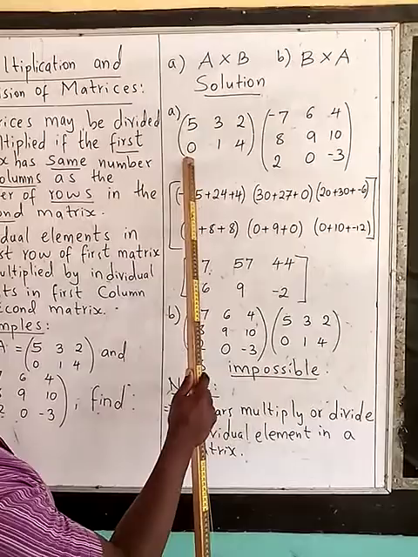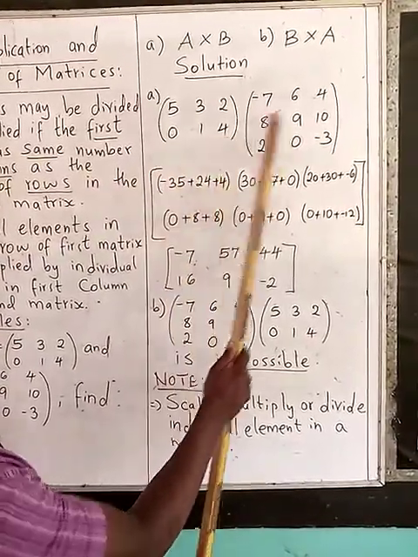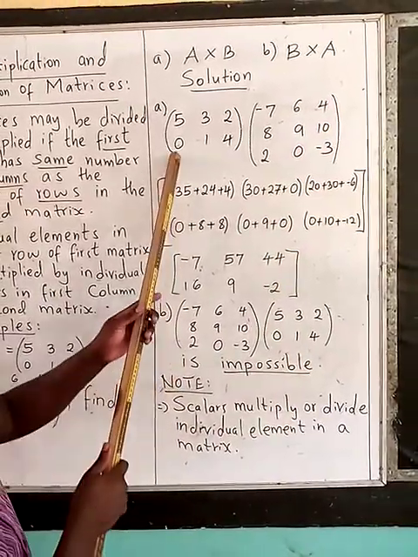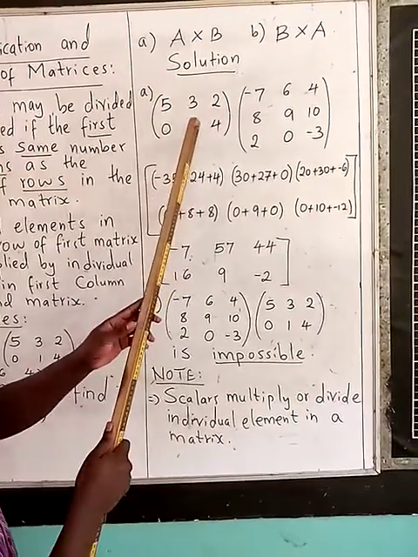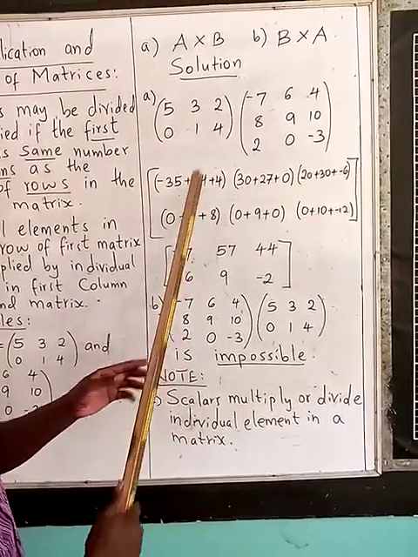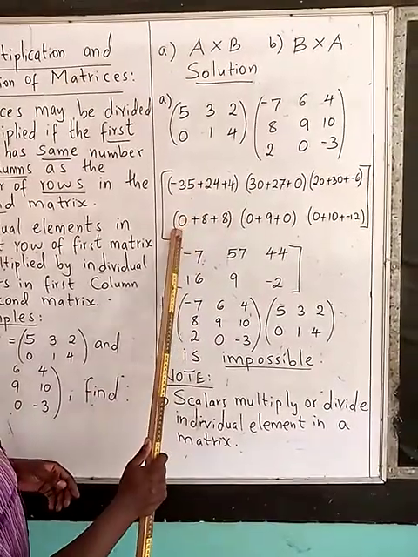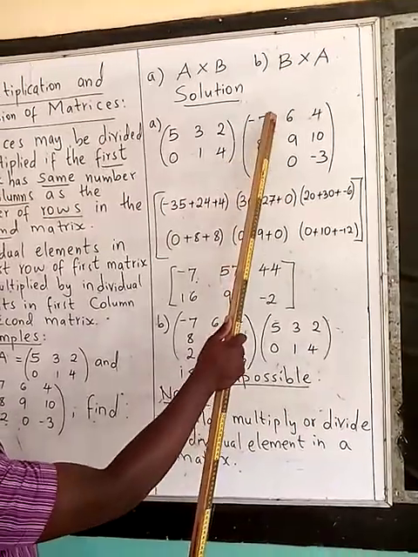So we are going to the second row, which again we take the second row, multiply these columns. We are going to have 0 times negative 7 is 0, plus 1 times 8 is 8, plus 4 times 2 is 8. So this is now the element in the second row, first column.